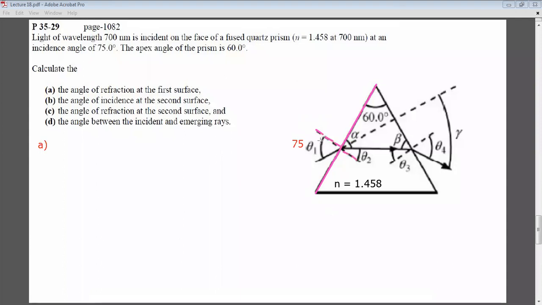This is theta incident. It will enter and get refracted by this angle here, theta 2. To calculate theta 2, we apply n air, or n1, times sine theta 1 equals n2 times sine theta 2.